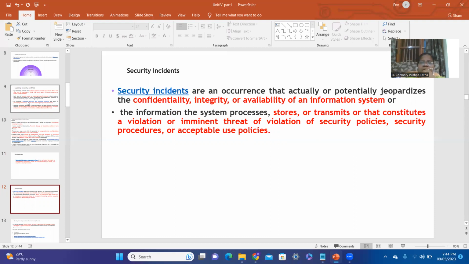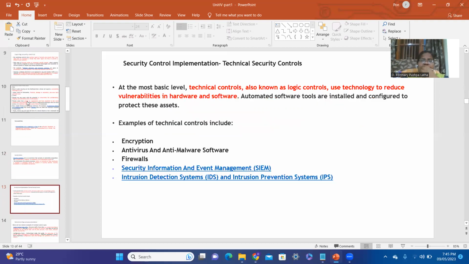The information system stores and transmits the data. It can also be a violation of security policies, security procedures, or acceptable use policies. For example, people working in an organization may violate the policies. Mainly in security incidents, we concentrate on confidentiality, integrity, and availability.